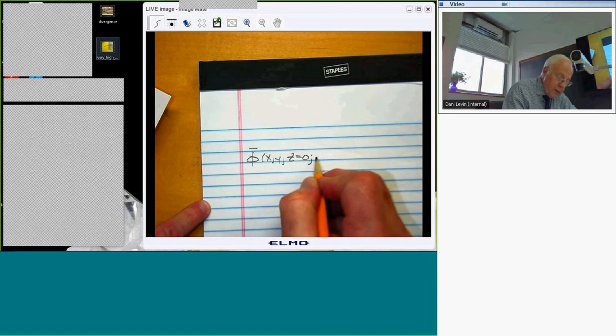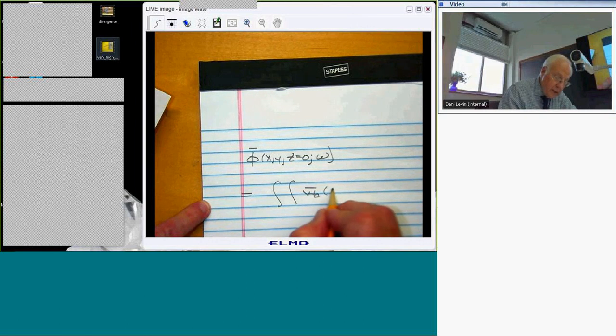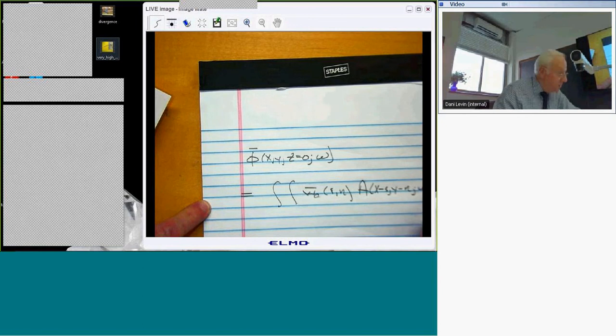This is equal to a double integral, and I won't bother to write down the limits, of w bar of xi, eta times a function of x minus xi, y minus eta. It also depends on frequency.